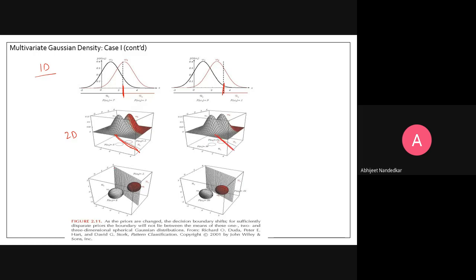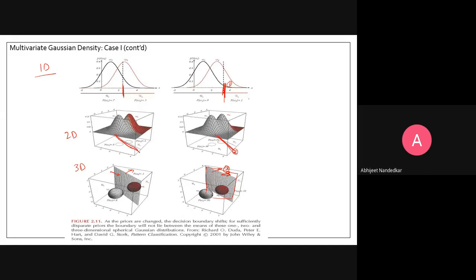When I take the 3D case, it results in a plane like this. This plane is shifted if I increase the posterior probability. So we are interested in finding these planes, or these lines in this case, or the threshold in this case. Once I obtain this, I can remember the parameters of this plane, or the parameters of this line, or this single number threshold, depending on the situation.